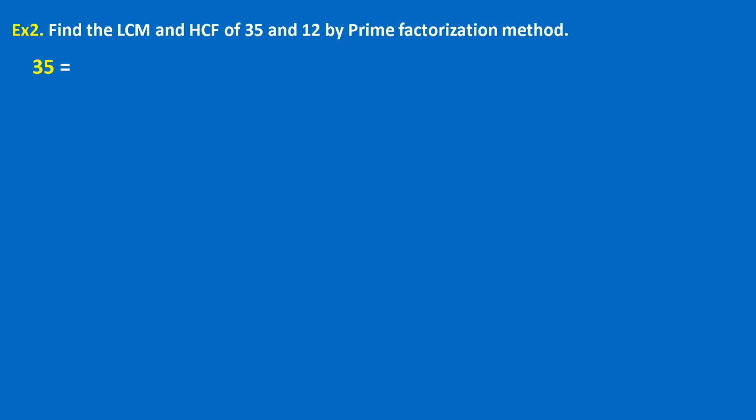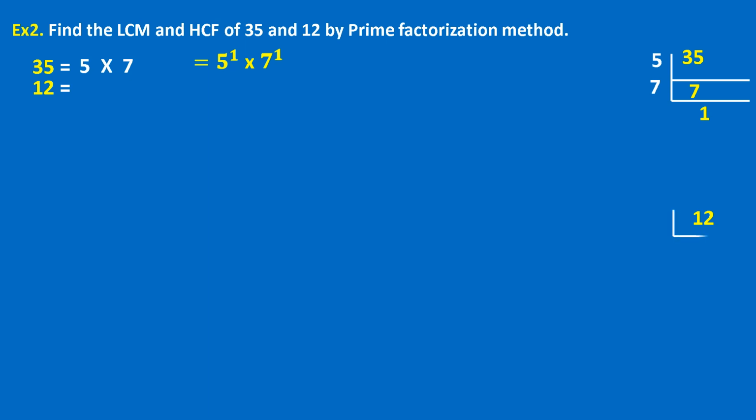Now here 35 resolve into prime factors. 5 7s are, 7 1s are. Now 35 is equal to 5 into 7, which is 5 to the power of 1 into 7 to the power of 1. And 12, resolve into prime factors. 2 6s are, 2 3s are, 3 1s are.